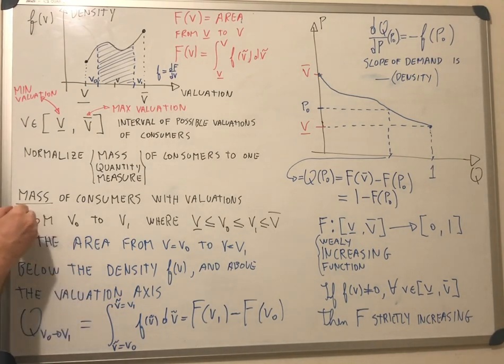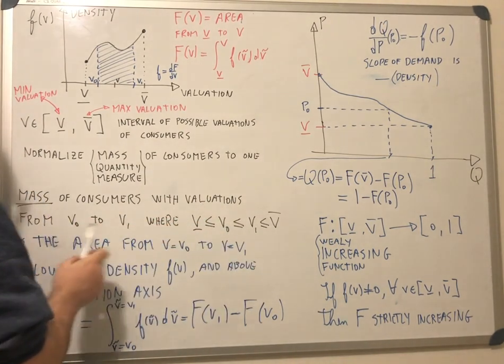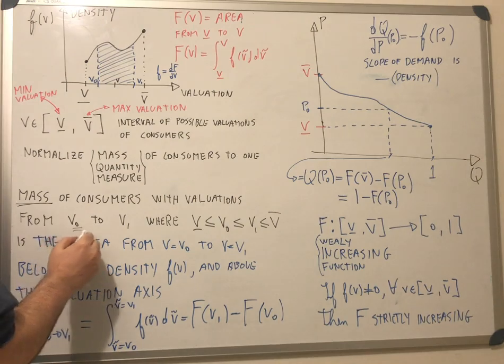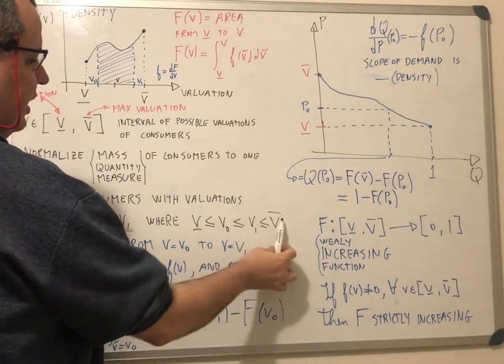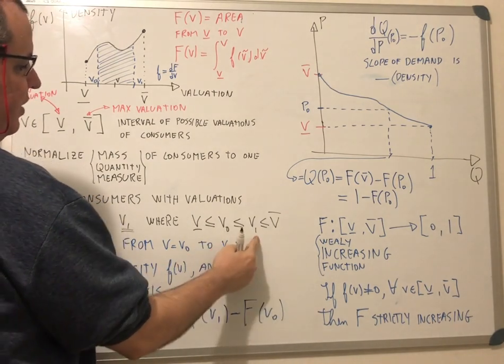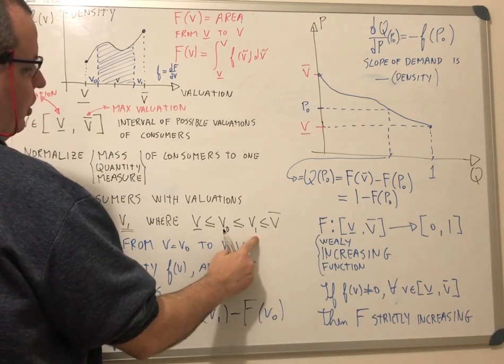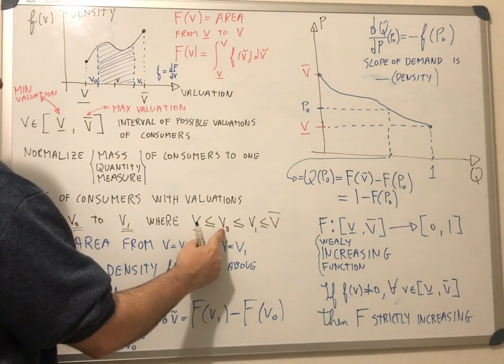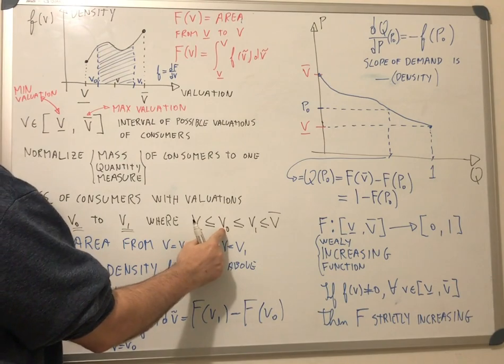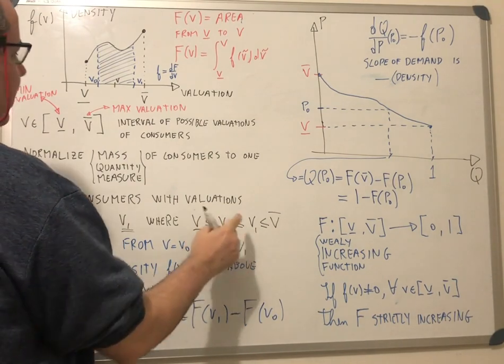So what's the mass of consumers with valuations from some V0 to some V1? Pick values V0 and V1 between the extreme values, and say V0 is smaller than or equal to V1. I want to know how many consumers have valuations above or equal to V0 and below V1.